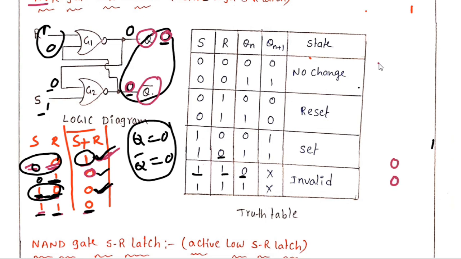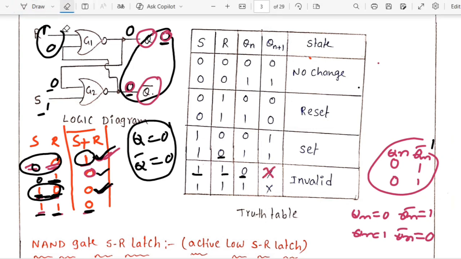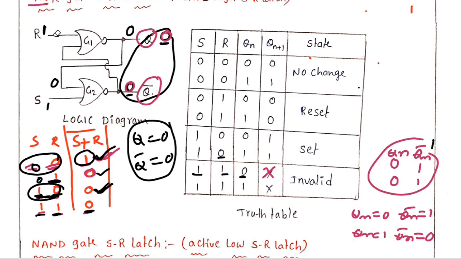You are not supposed to get 0 0 or 1 1 for Qn and Qn bar. If I am getting Qn equal to 0, I should get Qn bar equal to 1. If I am getting Qn equal to 1, I should get Qn bar equal to 0. But here I got 0, here I got 0. That's why this state is invalid. This cross mark indicates don't care, or undetermined, or unpredictable, because both outputs are getting the same. Let us check another input, then you will understand very clearly.